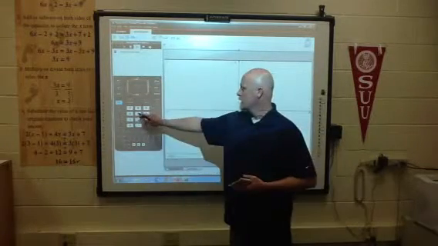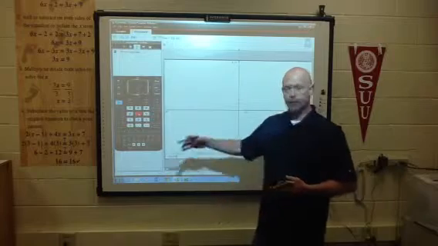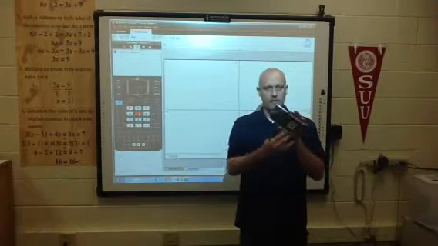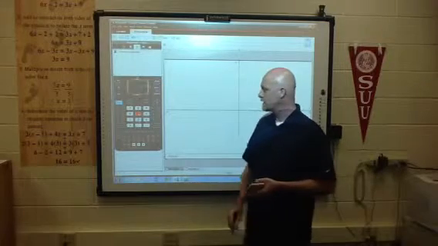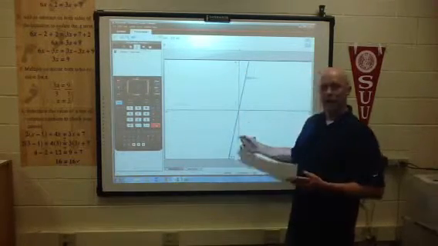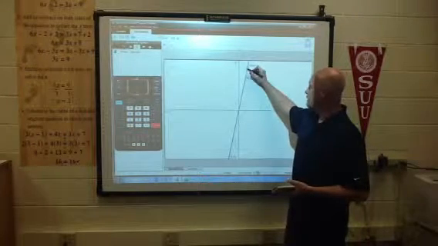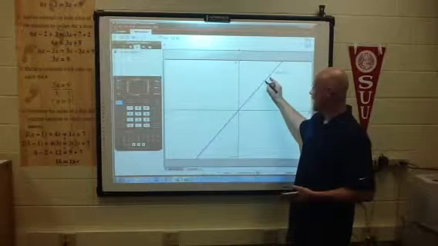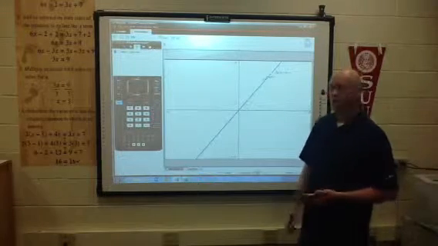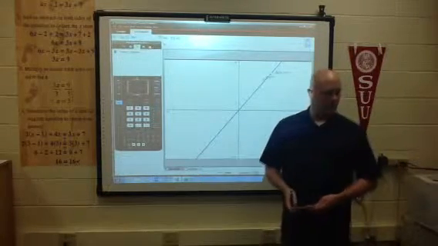It's nice and handy to be able to push the buttons on the calculator so that the kids can follow along with what they are doing, so they can see how the graphs are done, and then we can talk about how changing the slope changes the values of that. So the kids really like that.